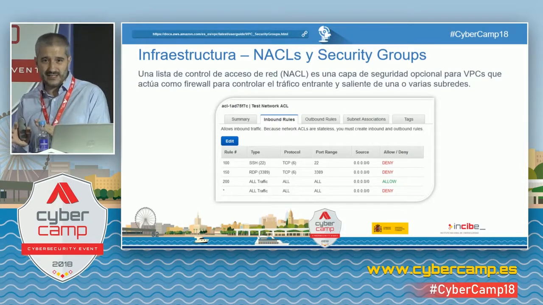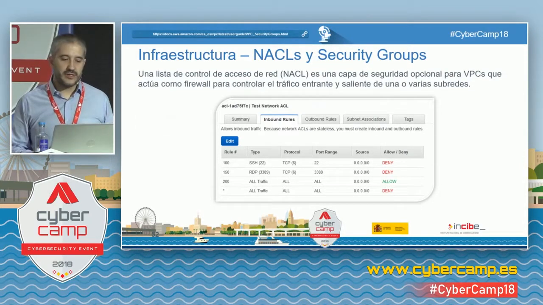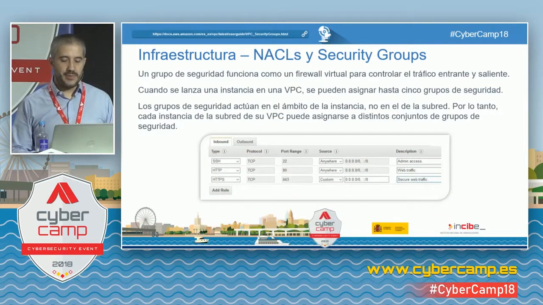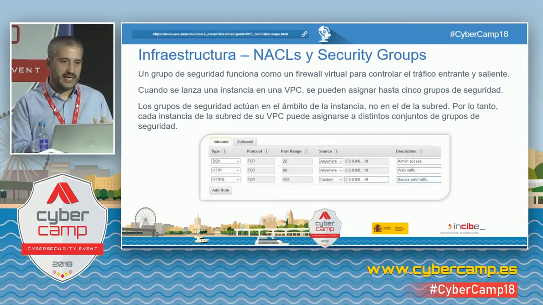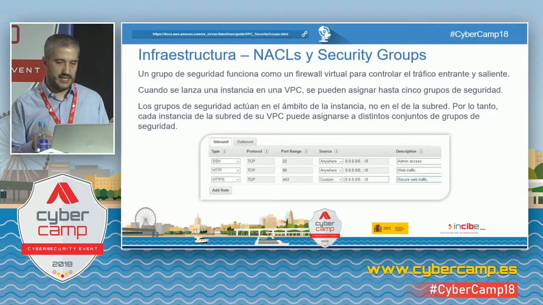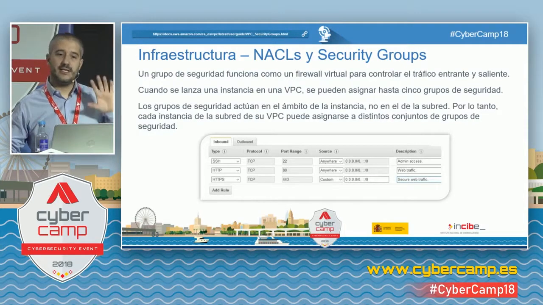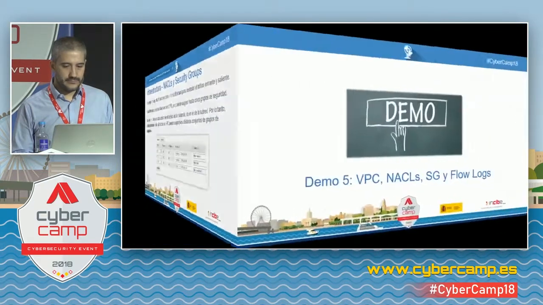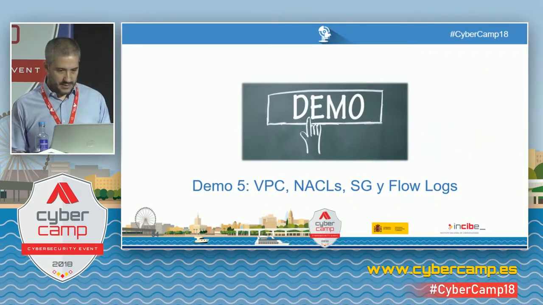NACLs are allocated to subnets. That's more or less the same, but we'll use it for Amazon. So, at a given point, we can have subnet rules and also machine rules.